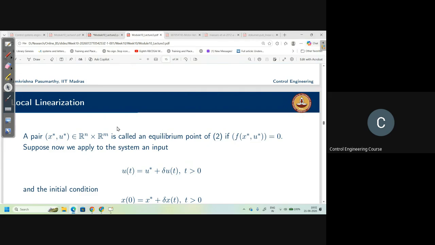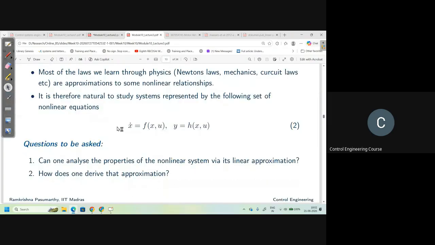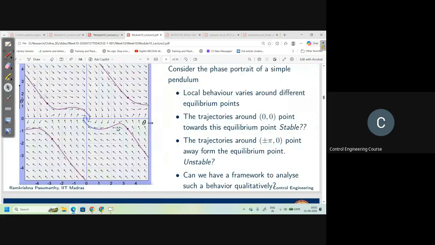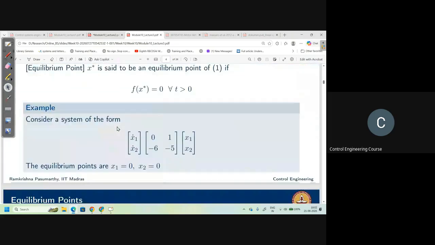That will help a lot and work perfectly. 90% of nonlinear systems work like this. Even in amplifiers, what you do is first design an operating point, and then design a circuit around the operating point, right? Like that here also, there are different kinds of linearization techniques. One is local linearization. I will go through them one by one.